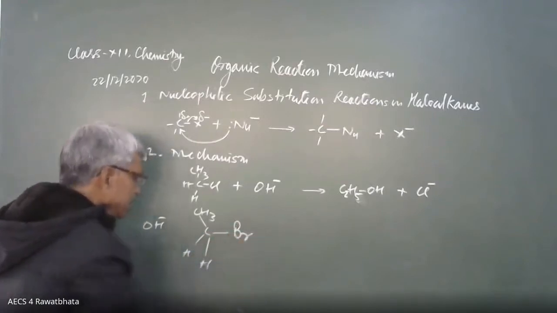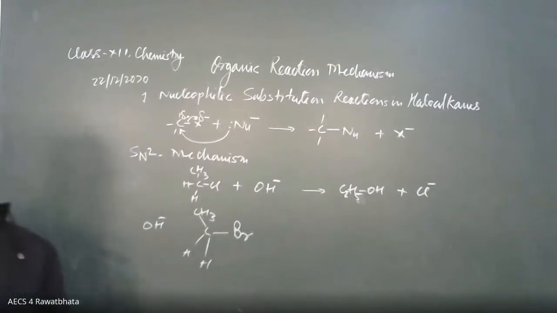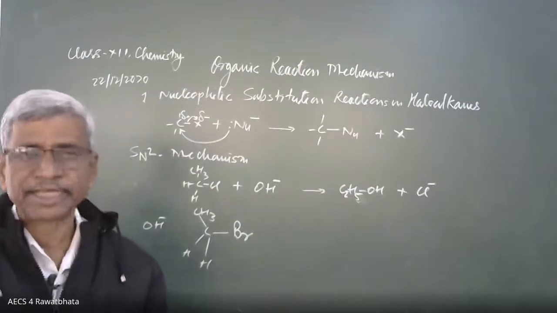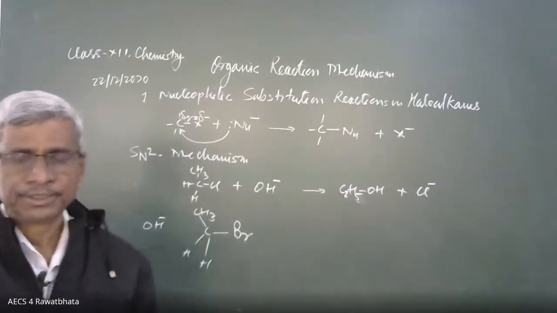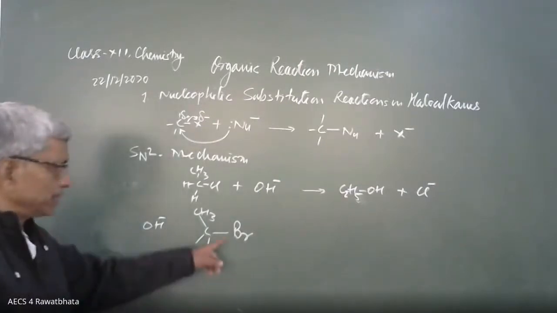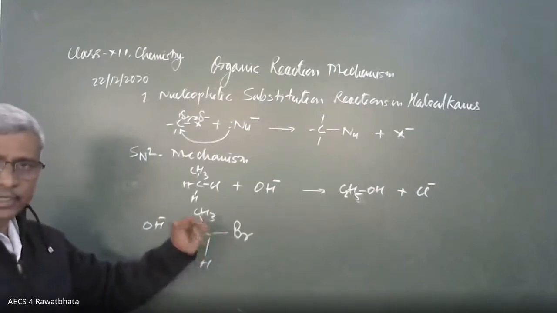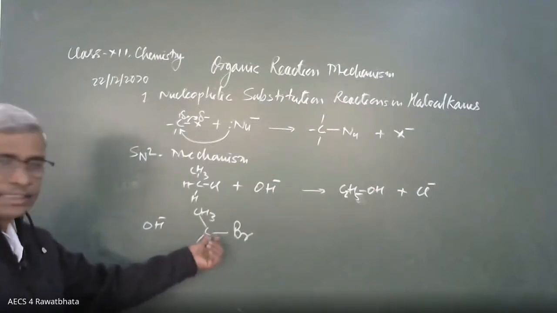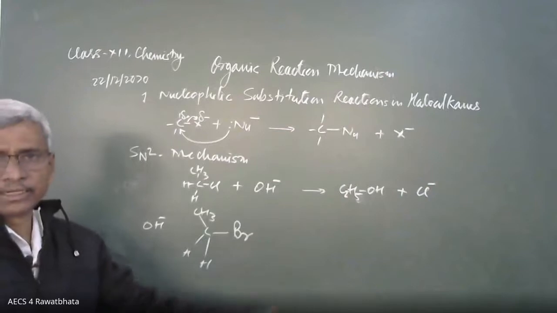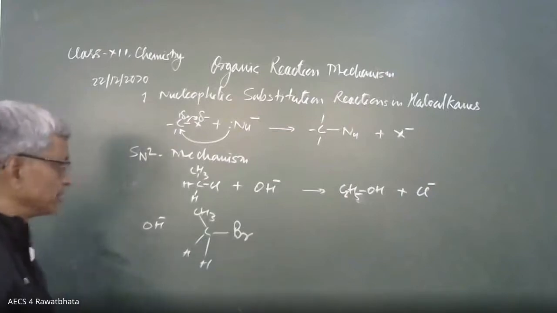Br or Cl, anyone can be taken. Br is moderate, not easily removed, and does not take much time. The order of leaving group: I minus can leave the carbon easily, then Br minus, then Cl and F. This is because of the bond length.